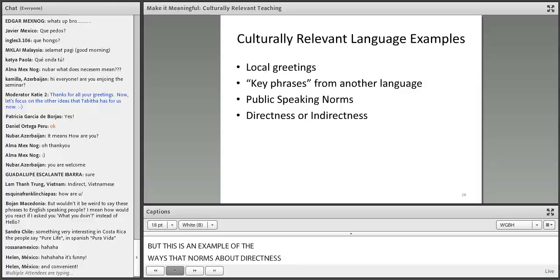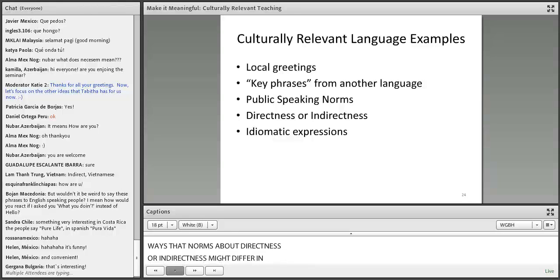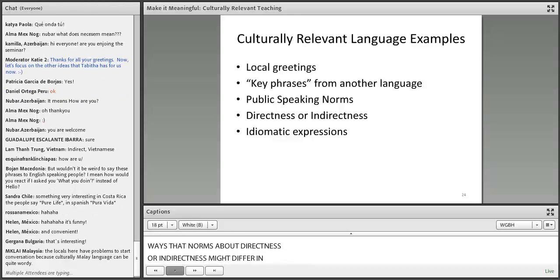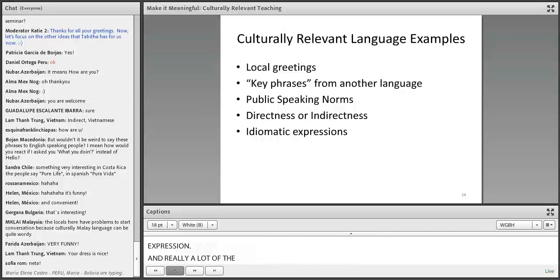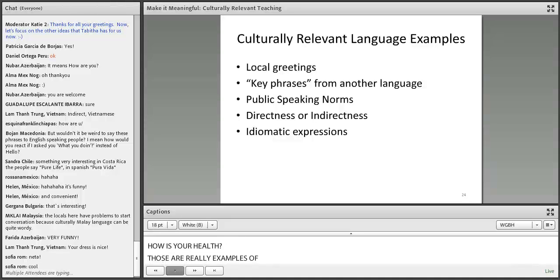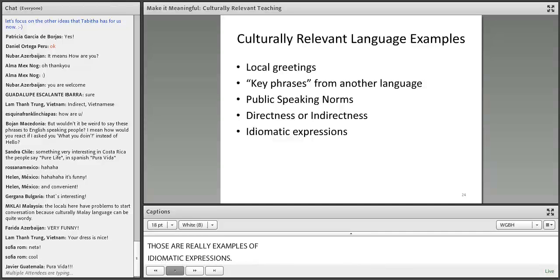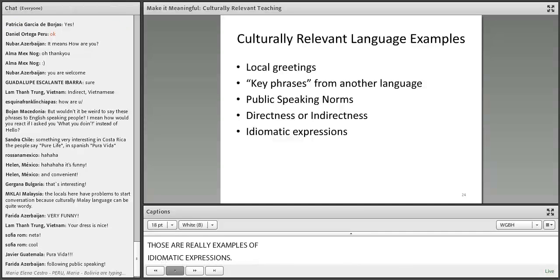One last example is idiomatic expressions. And really, a lot of the greetings that you're sharing, like asking, how is your wife? How are your kids? How is your health? Those are really examples of idiomatic expressions. But in the article on the Ning, Farrell and Martin share an example from Dutch English.